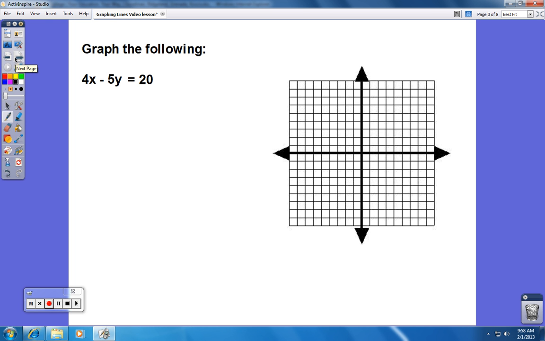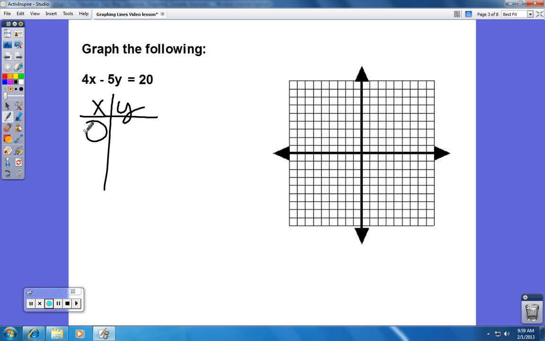Alright, well let's try one more example using an XY chart. This time I'll show you the chart, and the chart is pretty much the same way as how we labeled the points. But this time, instead of putting something in the x and something in the y, I'm just going to stick with plugging in values here for x. 0 is always a good number to use whenever we are trying to find a set of ordered pairs.